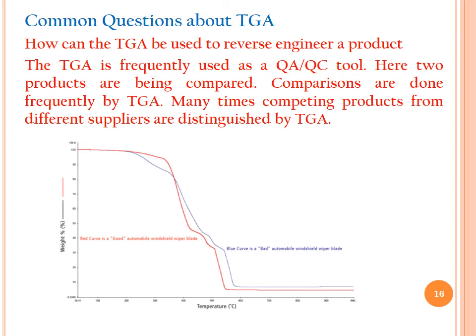At the start, around 200 degrees centigrade, both the products have the same weight temperature relationship, while when the temperature goes above 200 degrees centigrade, the replica product shows more weight loss compared to the reference product, as clearly shown in the graph. The reference product is the red line, while the replica product is represented by the blue line.